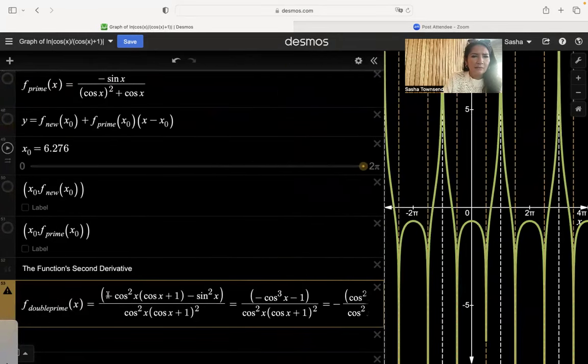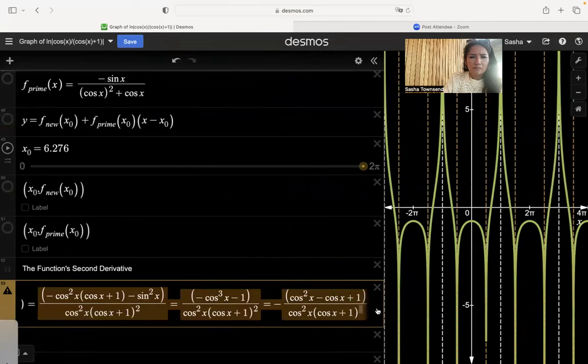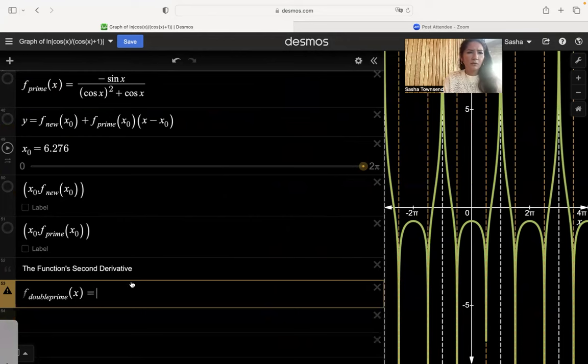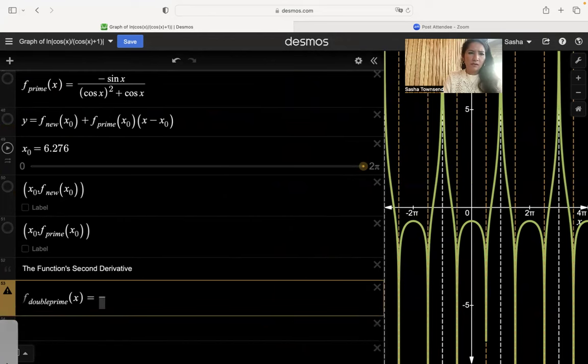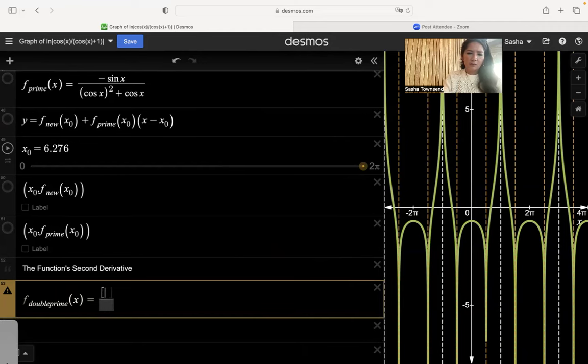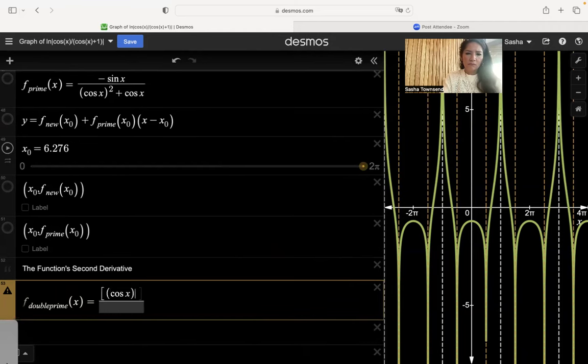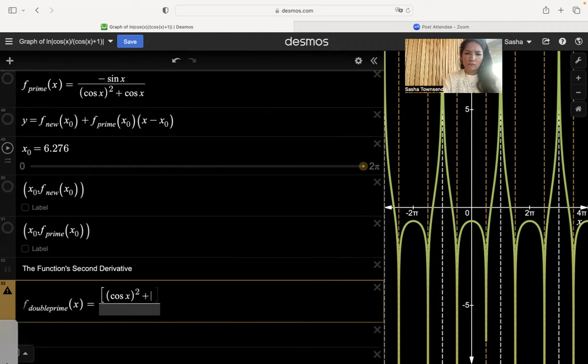So we have, according to the quotient rule, the derivative of a quotient is the bottom function, that's low, d high. Derivative of sine of x is negative, or negative sine of x is negative cosine of x.